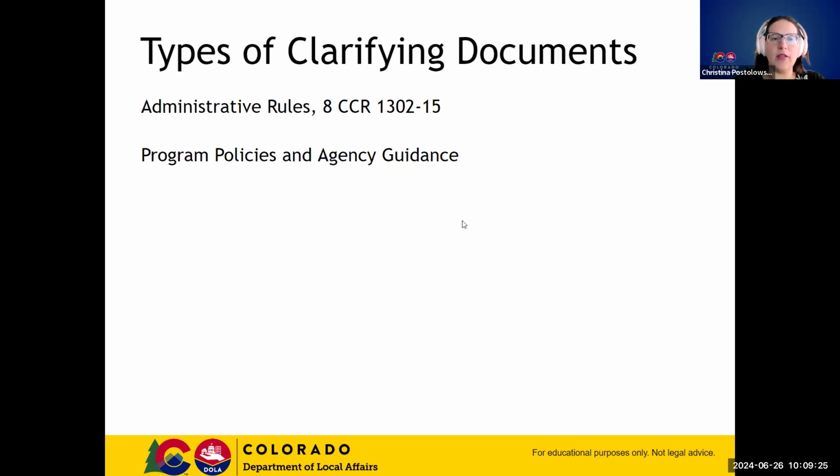However, there are going to be other things that are more appropriate for a policy document or guidance document from our agency. So just know that if feedback that you provide doesn't end up in draft rules, it may be because we've looked at it and consider it more appropriate for a different type of guidance document. And then, of course, answers to frequently asked questions and information on our website is another way that we can help clarify and implement the law.